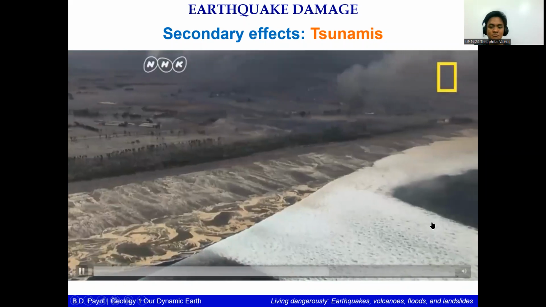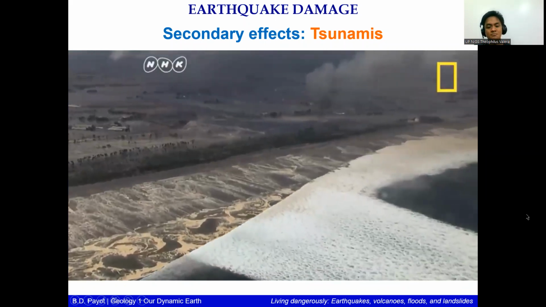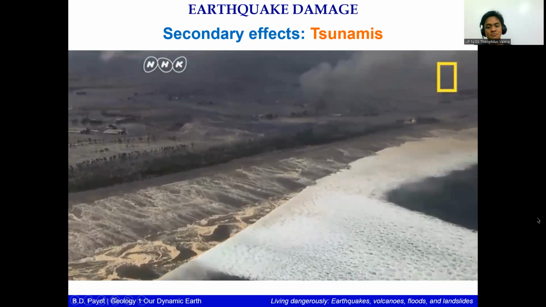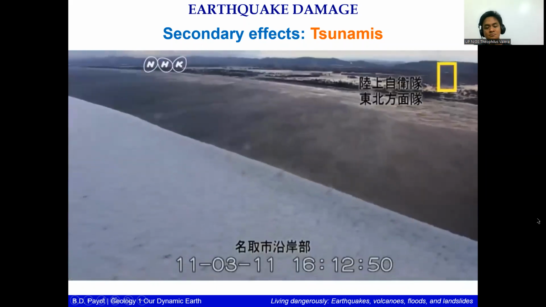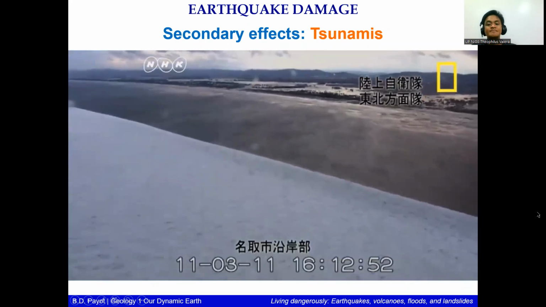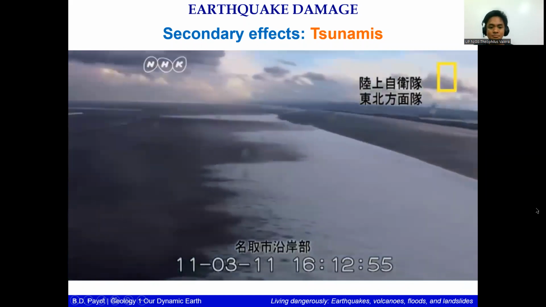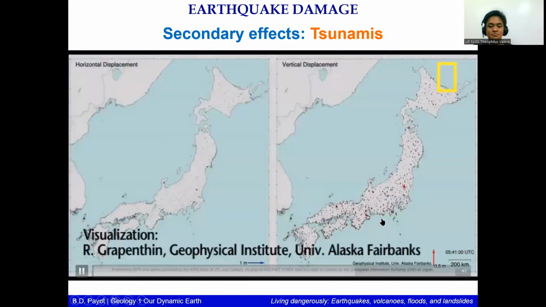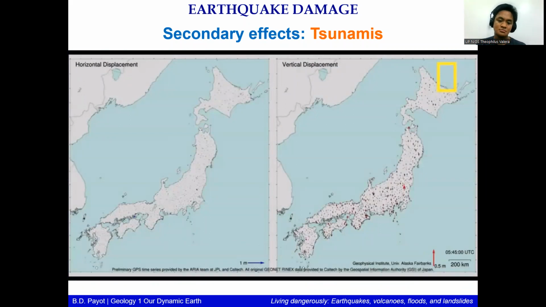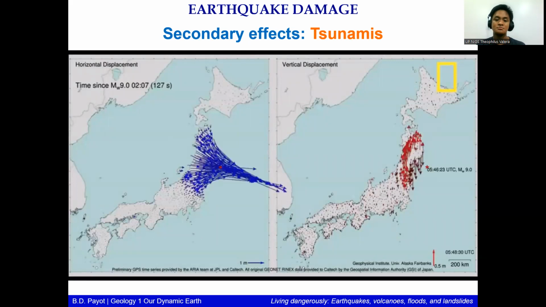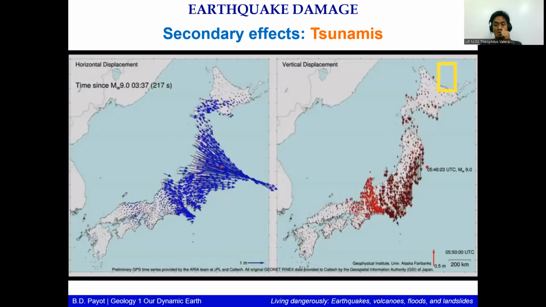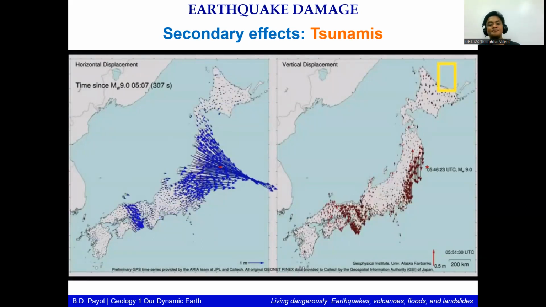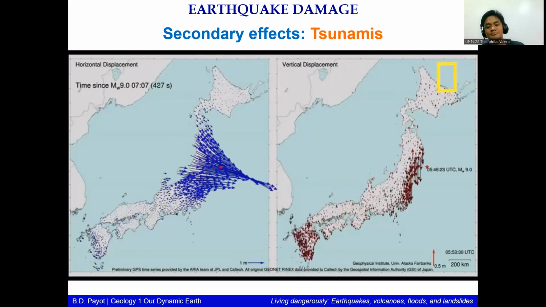And a rare view from the air, video of a tsunami wave approaching the shoreline. In Japan, some tsunami waves reached as far as 3 miles inland. Japan may be the most seismologically studied country in the world, and with more than 1,200 high-precision GPS stations, a geophysicist at the University of Alaska used the data to create a visualization of the March 11 quake.